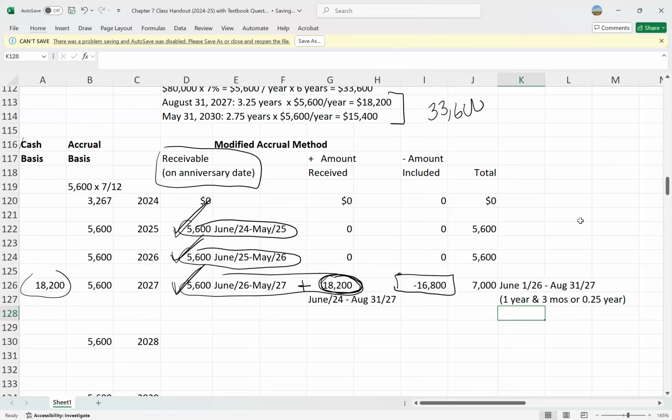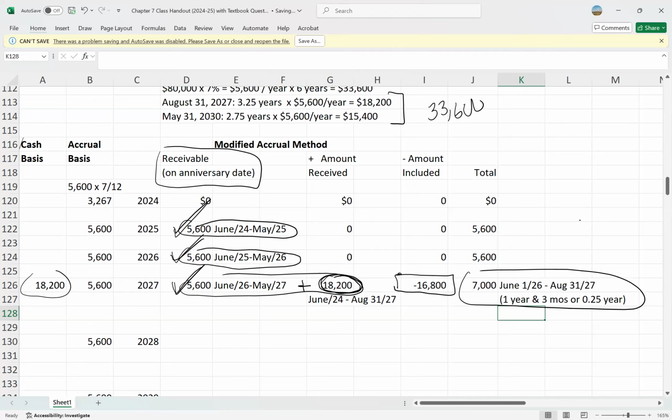So everything up until August 31st is now included in income. And that's because we actually received 18,200. So because we actually received the cash of 18,200, and that brings us to August 31st, 2027, we now have to include all of that into income.